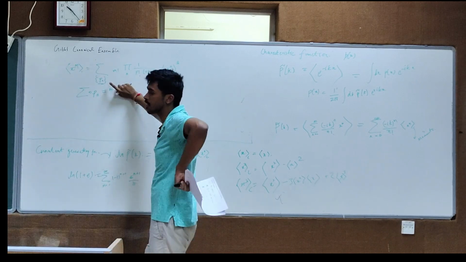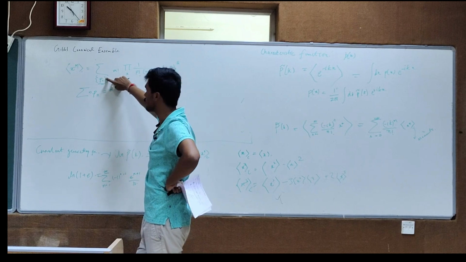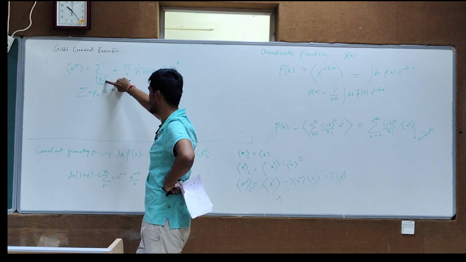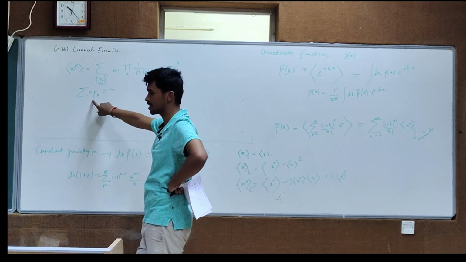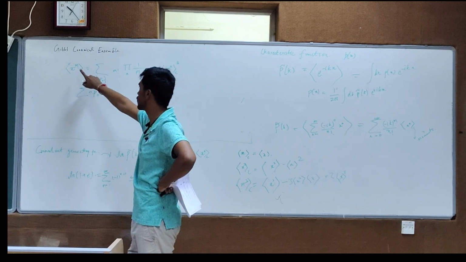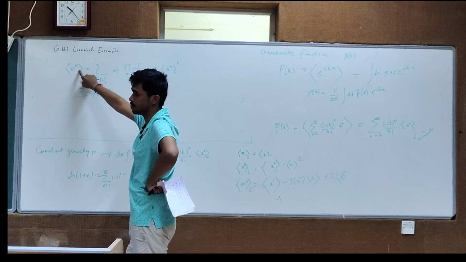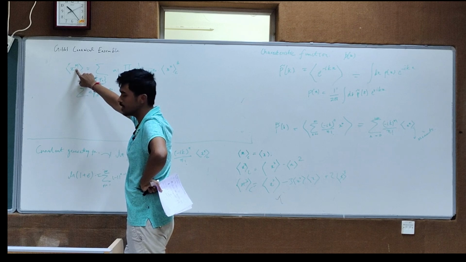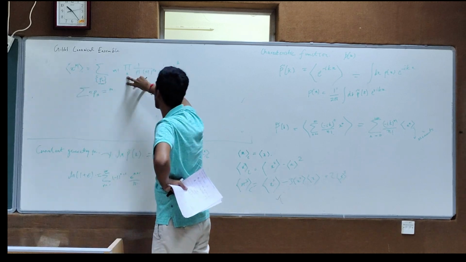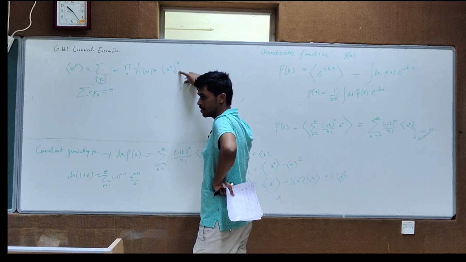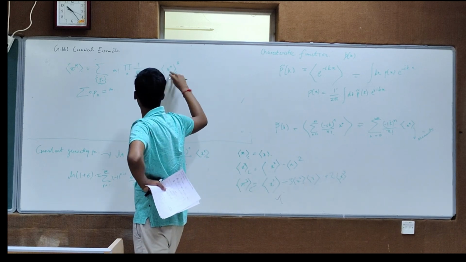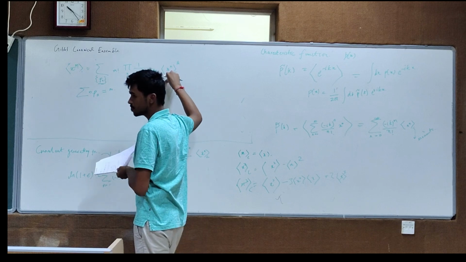You have to sum over all the sets of p_n's such that this equation holds. You want the mth moment, and you are finding that in terms of the nth cumulant.